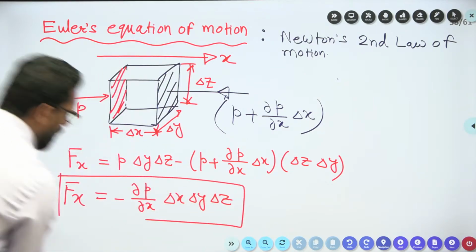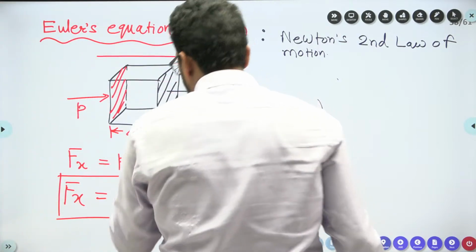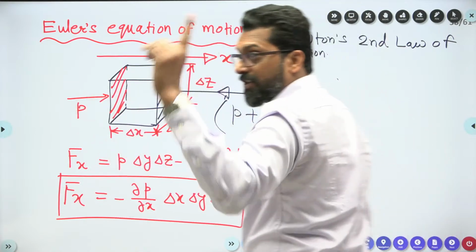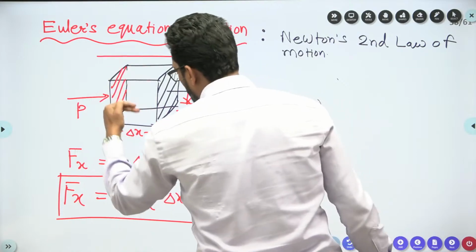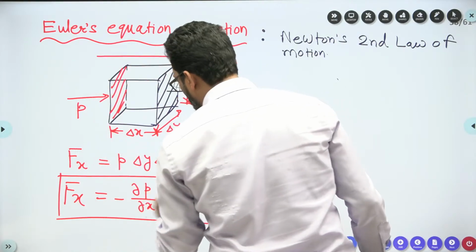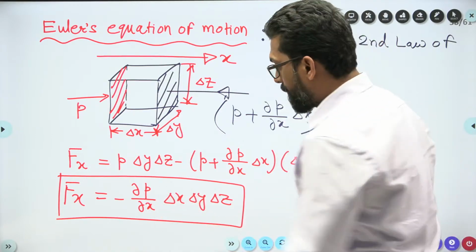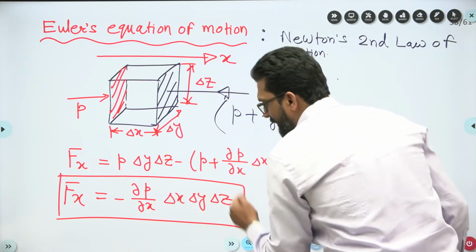Always remember this: for an inviscid fluid flowing, the force along the x direction due to pressure is the negative pressure gradient times the volume of the fluid element. Similarly, in the y direction it is minus dou P over dou y delta x delta y delta z.